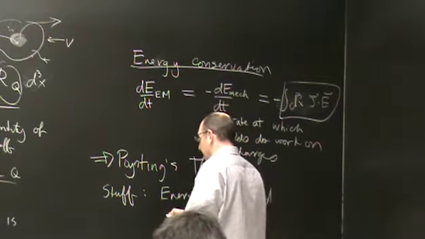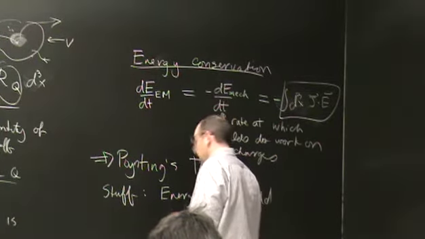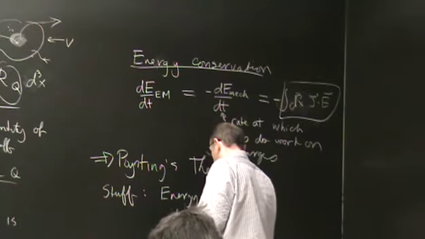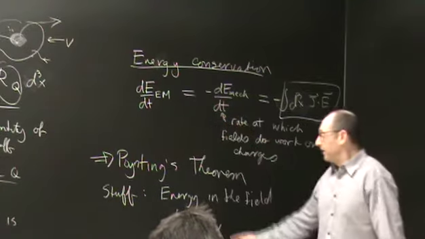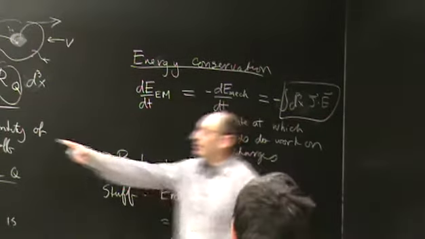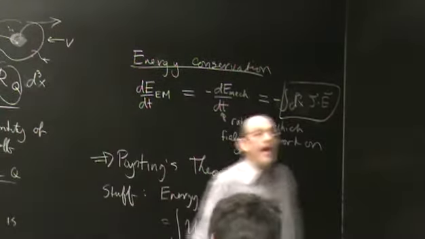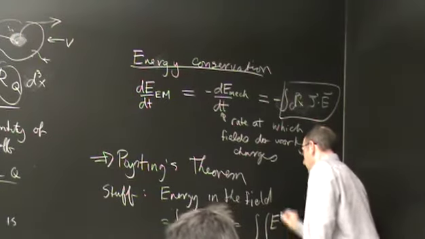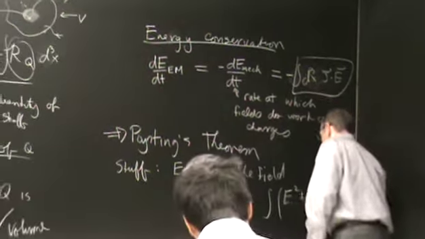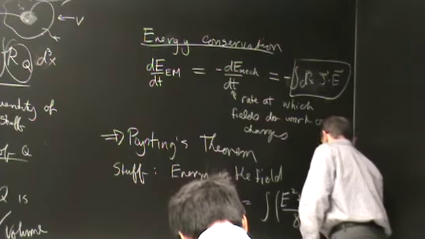And that is equal to the integral of the local energy density. So that plays the role of rho. And the energy density is E squared plus B squared over 8 pi.